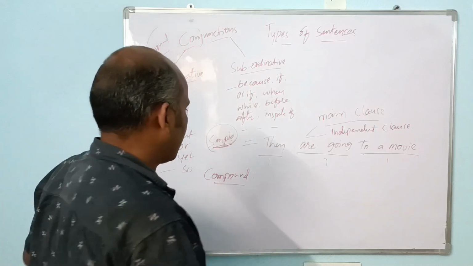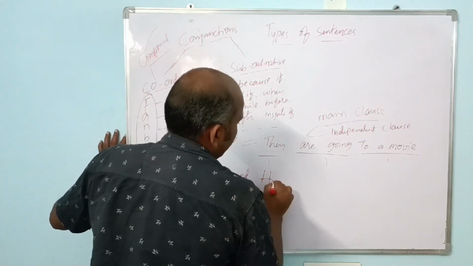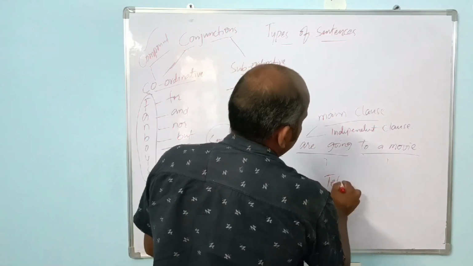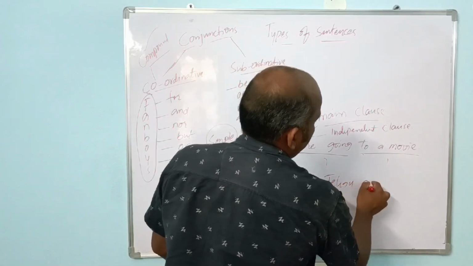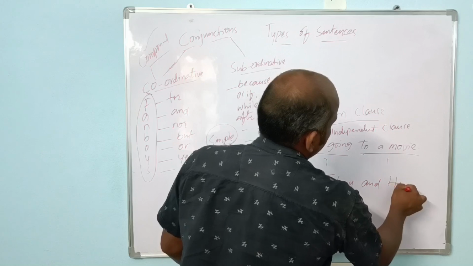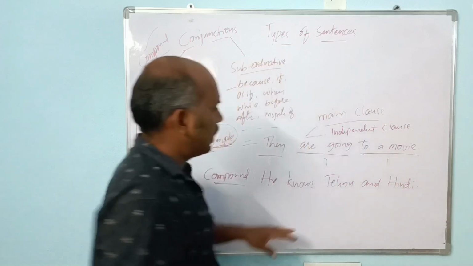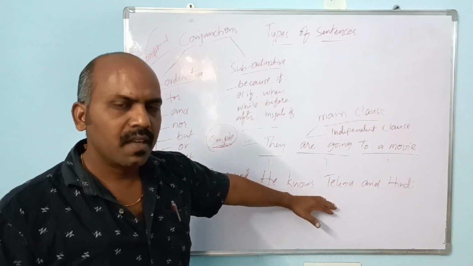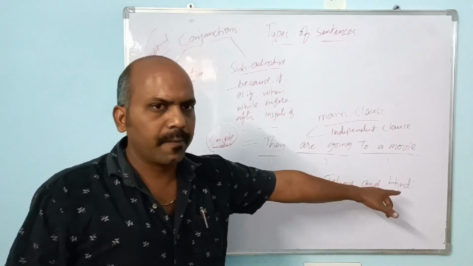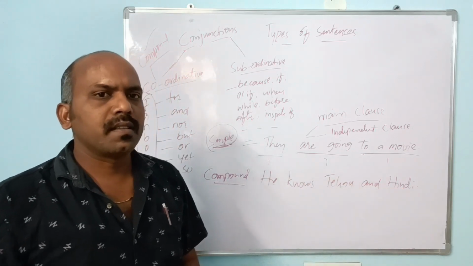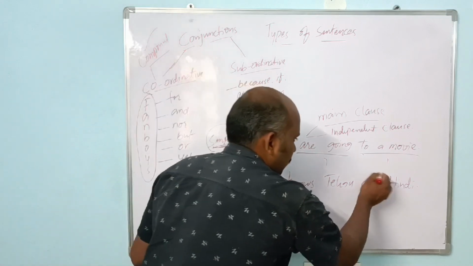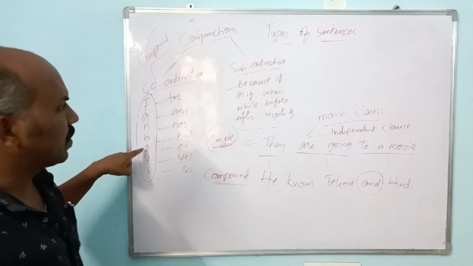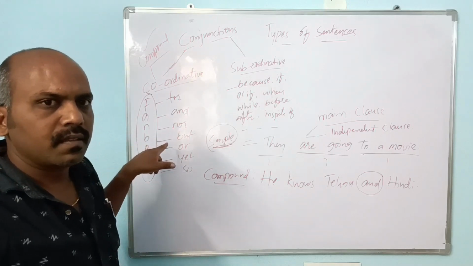Here's an example: He knows Telugu and Hindi. Actually, in this there are two simple sentences. One is he knows Telugu, second is he knows Hindi. Those two simple sentences we are joining with 'and', which is a conjunction from the list of coordinative ones.